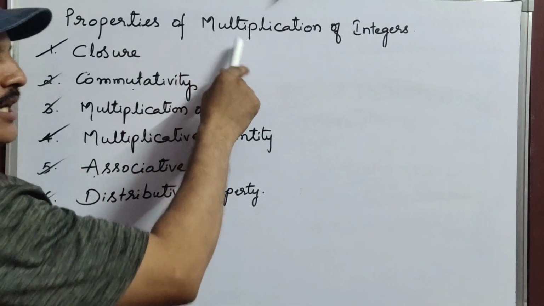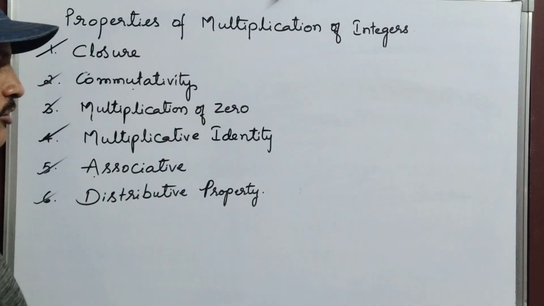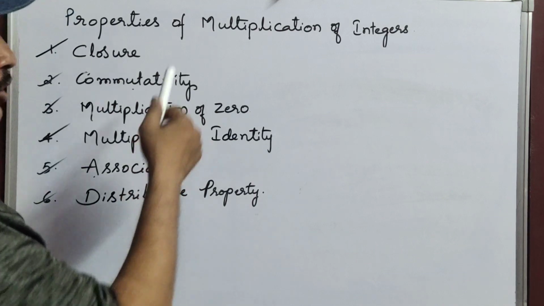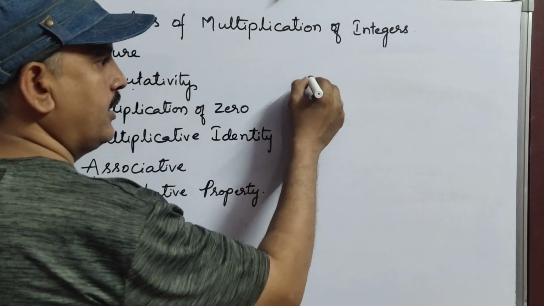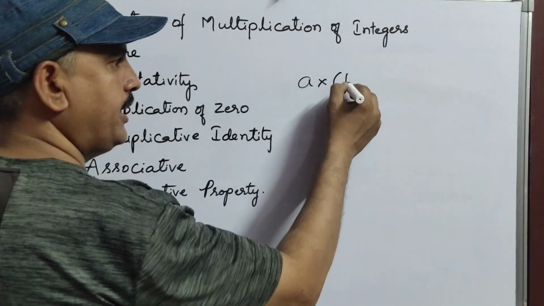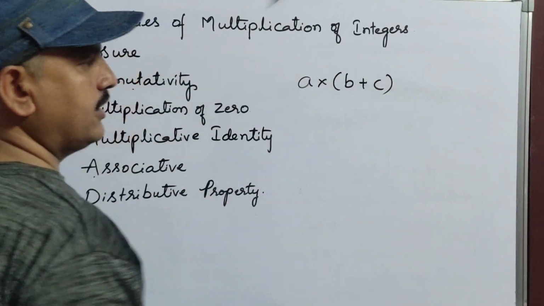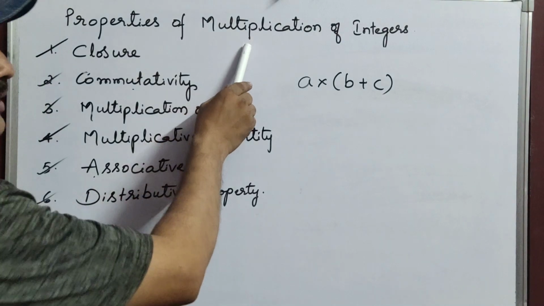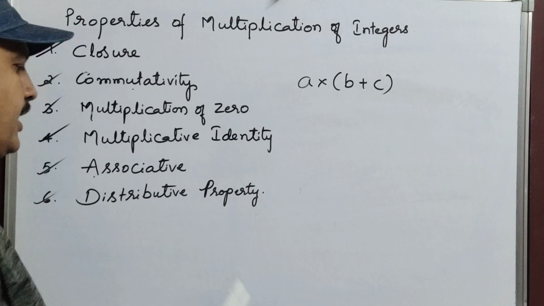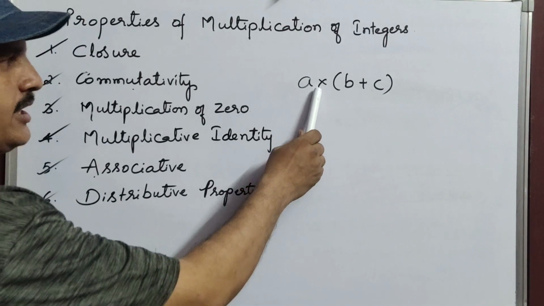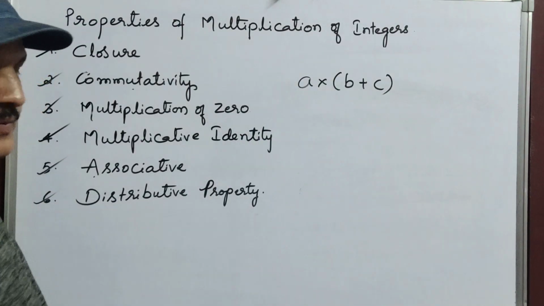What is this multiplication over addition? See here, A into (B plus C). In this multiplication you see addition also. So that's why it is called the distributive property of multiplication over addition.